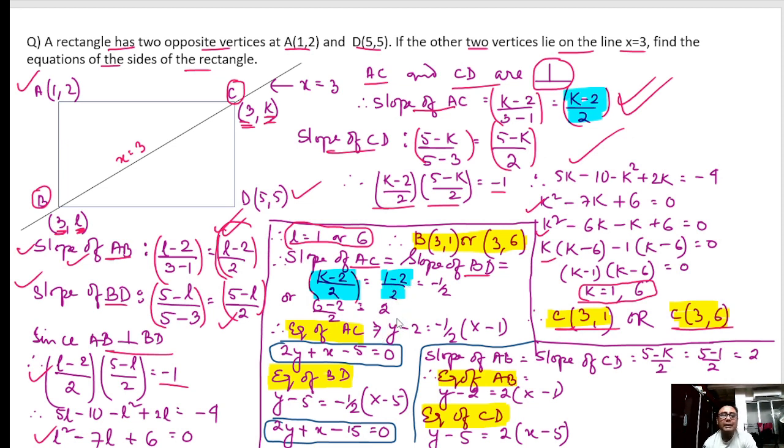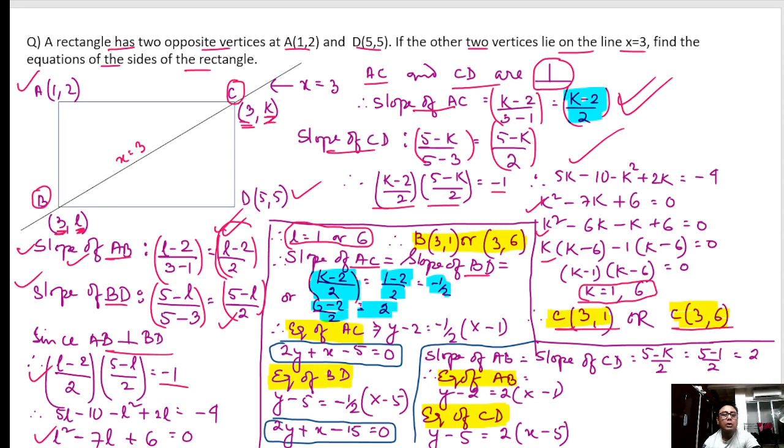Okay. Putting the value of L, which is coming -12. That means K minus 2 by 2, and putting the value of K as 6, from here what we can find out, it's coming 2. Clear? This is the slope of AC. Please watch here.